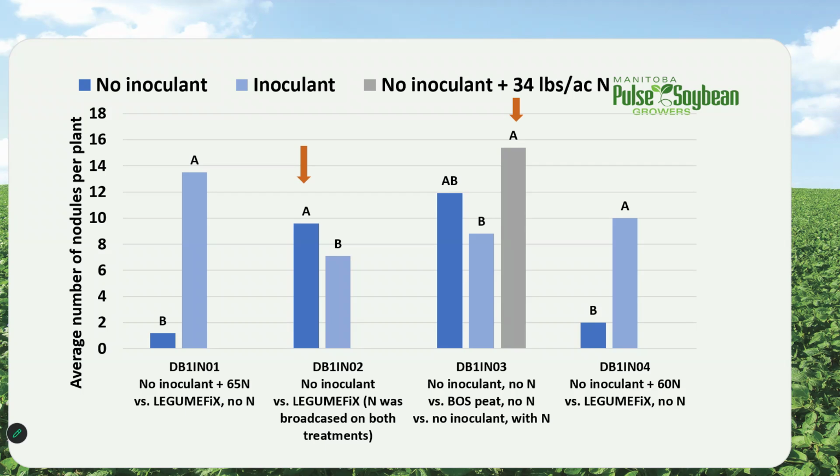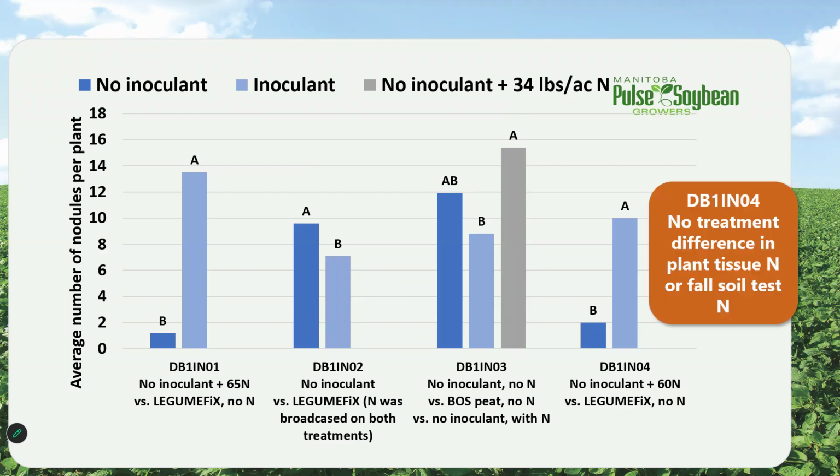And at 04, we did do an in-season plant tissue test for nitrogen, and we found no differences between treatments in total nitrogen in the plants. And the soil test in the fall also showed no differences between treatments with nitrogen.